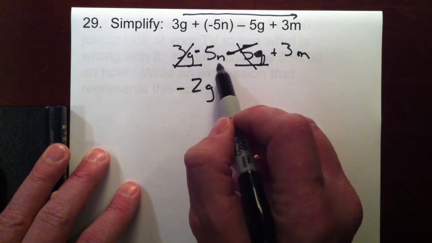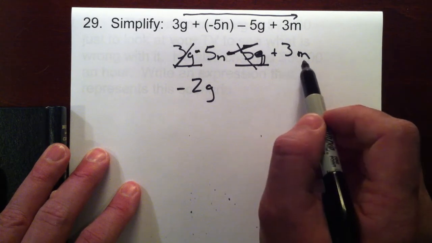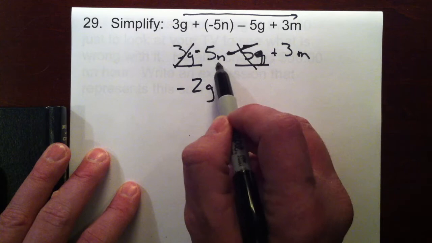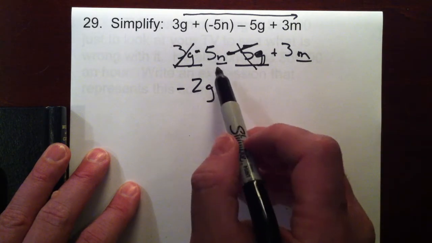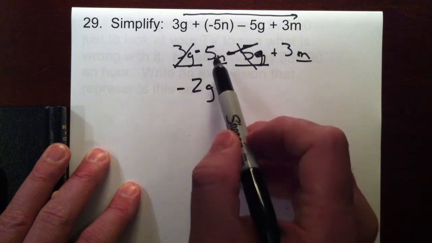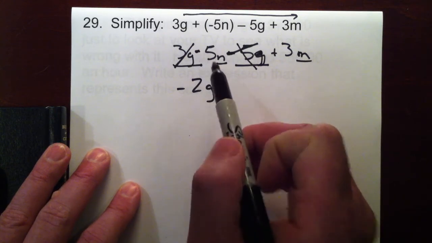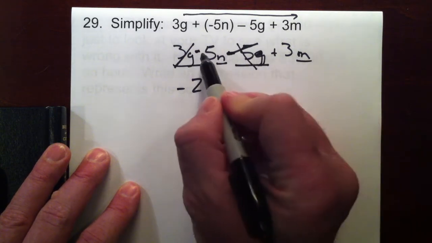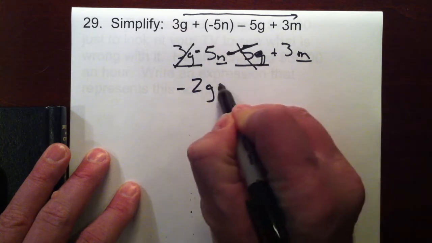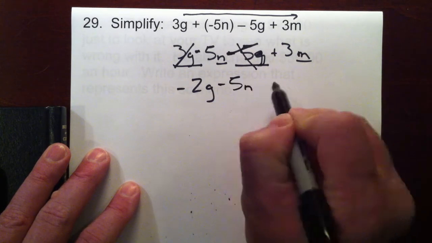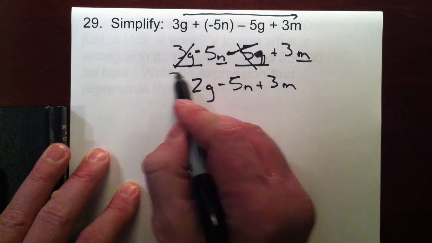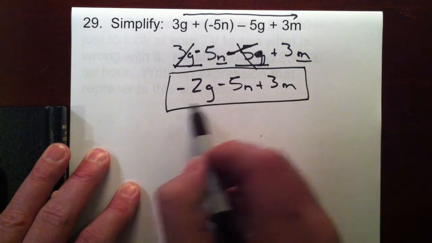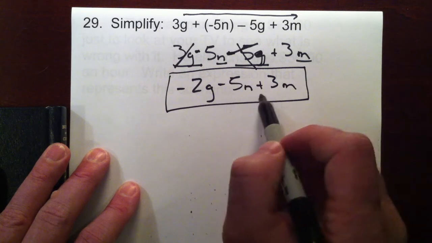Well, we cannot combine negative 5n and positive 3m because they don't have like variables. They're close, but they're not the same. And remember, in order to combine terms, they have to have the same exact variable. So in this case, we're going to keep the negative 5n and plus 3m since we can't combine. Therefore, our answer is negative 2g minus 5n plus 3m.